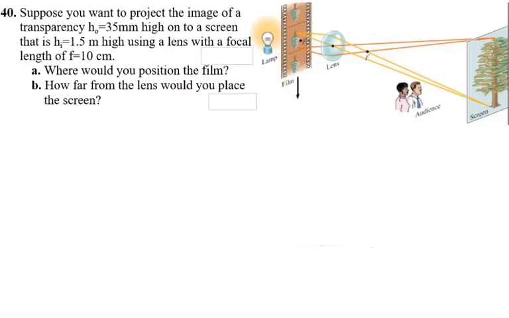Suppose you want to project the image of a transparency, the height of which is 35 millimeters. So this image right here is going to be 35 millimeters, on a screen that is 1.5 meters high.